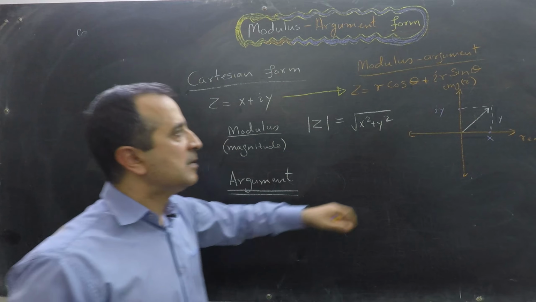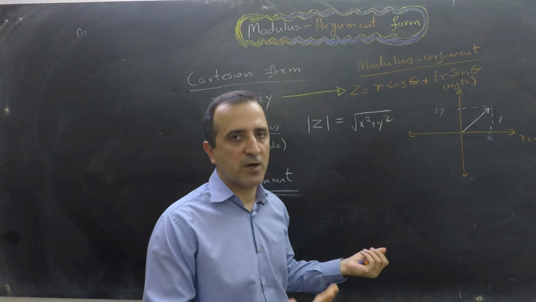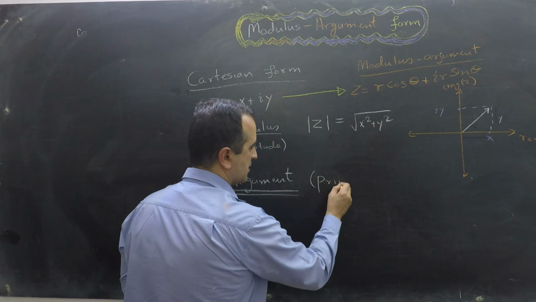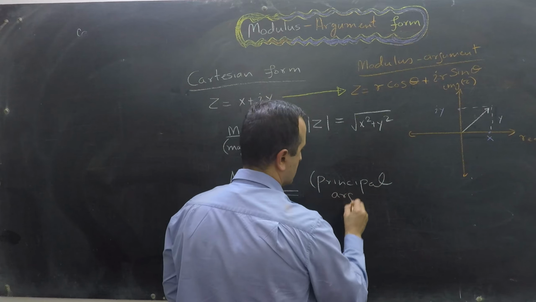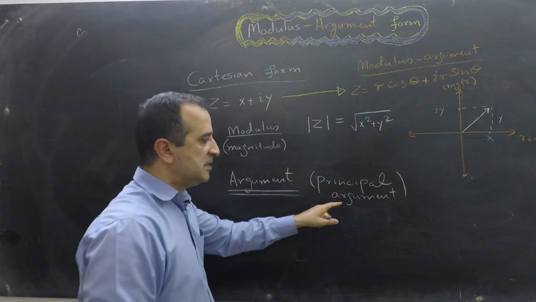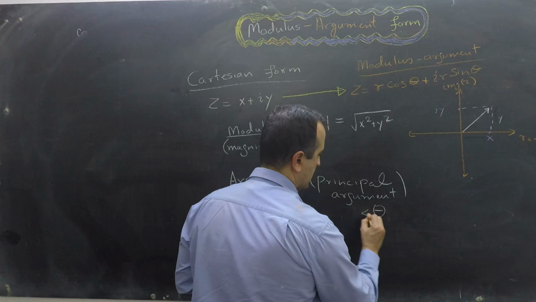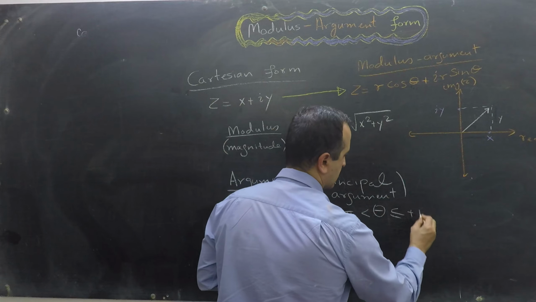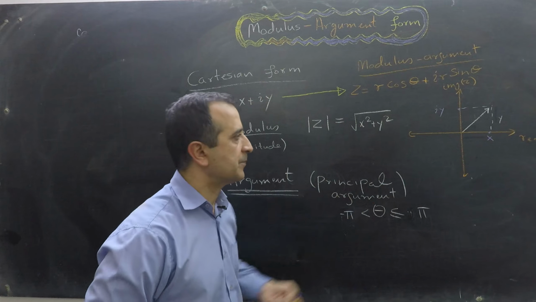And usually we write the principal argument here. So we use the principal argument instead of the general value of argument. And because we will use the principal argument, our value of theta will be from minus pi to plus pi, so from minus 180 to plus 180.